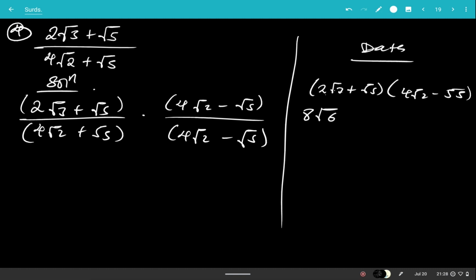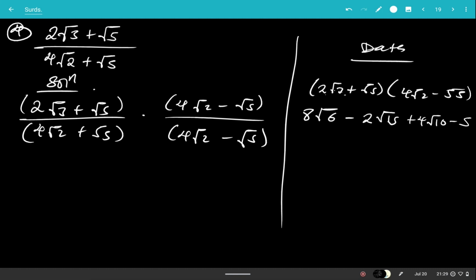Then you're going to say 2 root 3 times minus root 5. So that will be minus 2 root 15, because we're doing 3 times 5 in there. Then we do the same thing with the root 5. Root 5 times 4 root 2, that will be plus 4 root 10. Then root 5 times minus root 5 to give you minus 5.